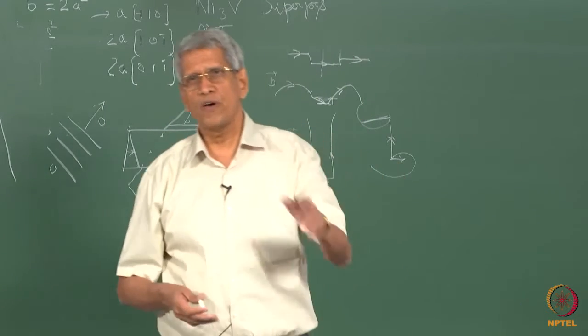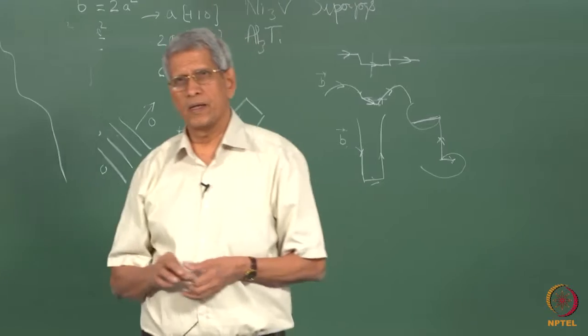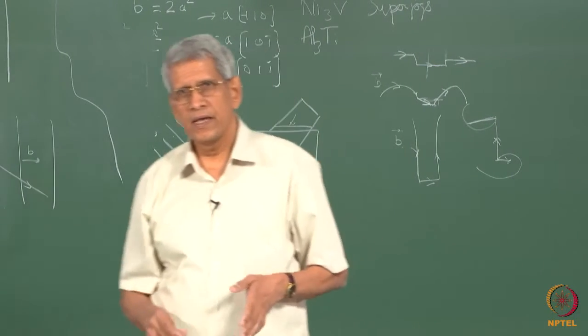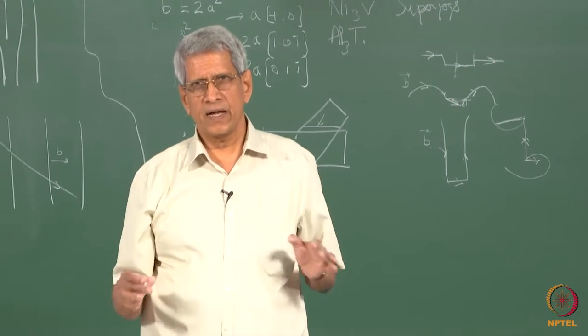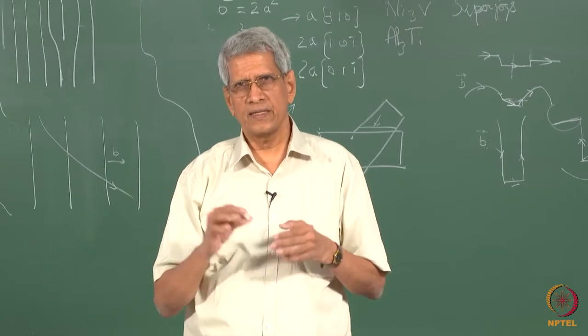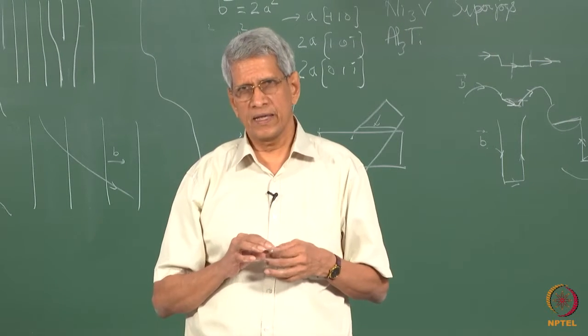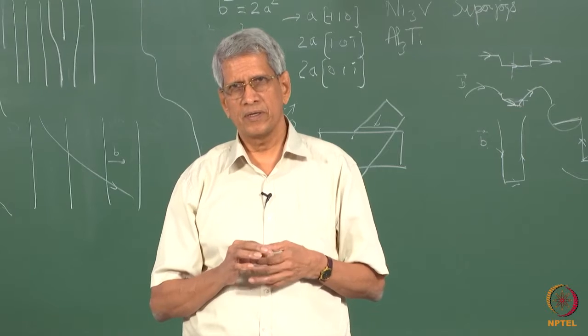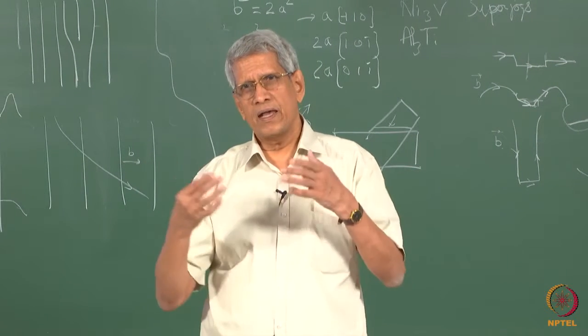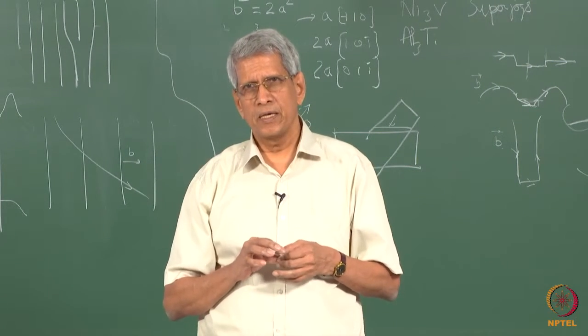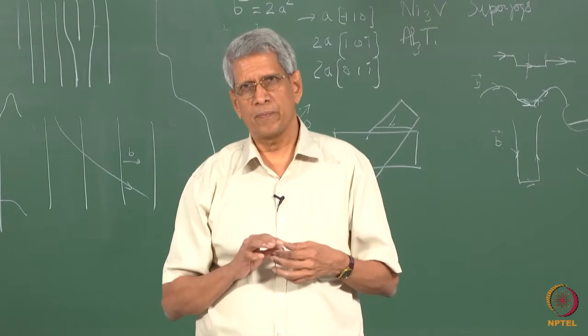Now, so far we talked about dislocation interaction, and we said that in this sort of dislocation interaction, there is a slight increase in the length of the dislocation, and this gives rise to some multiplication, but the increase in length is very small.